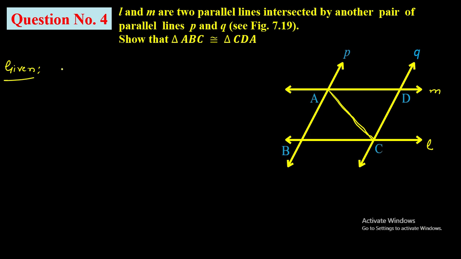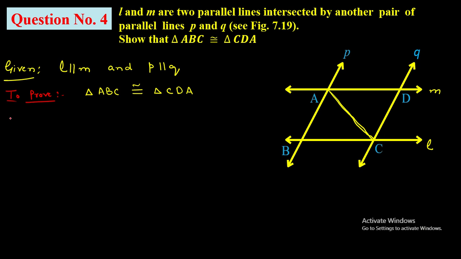So we are given L is parallel to M, P is parallel to Q, and we have to prove that triangle ABC is congruent to triangle CDA.